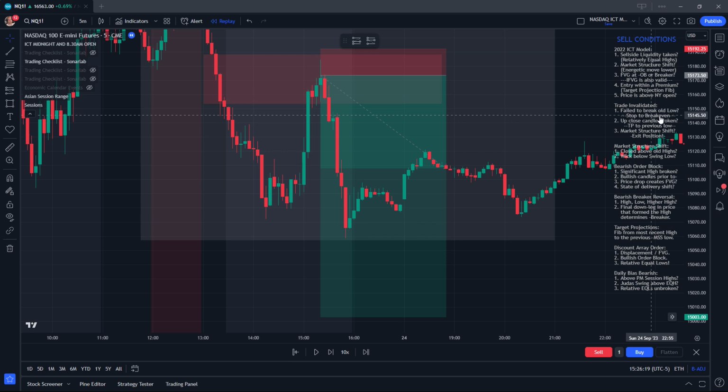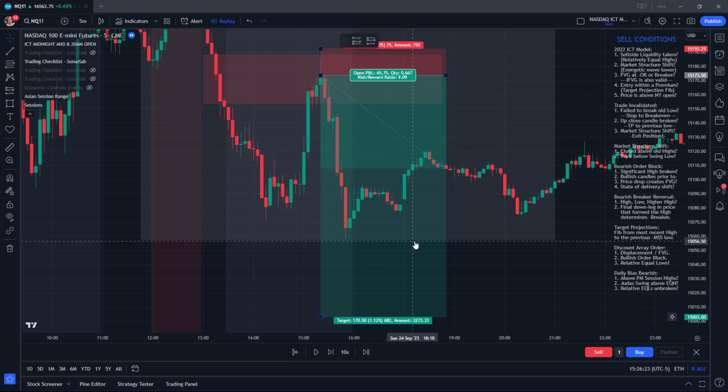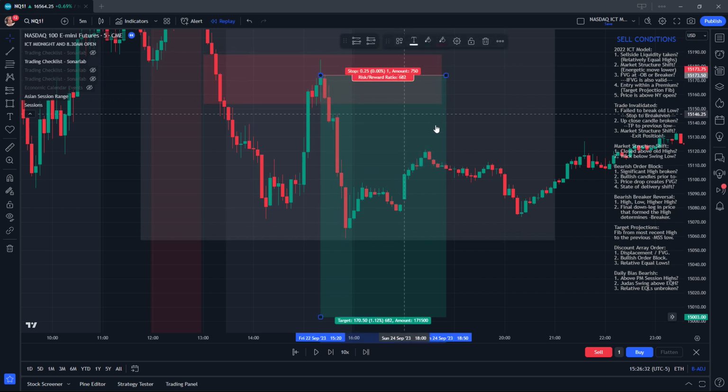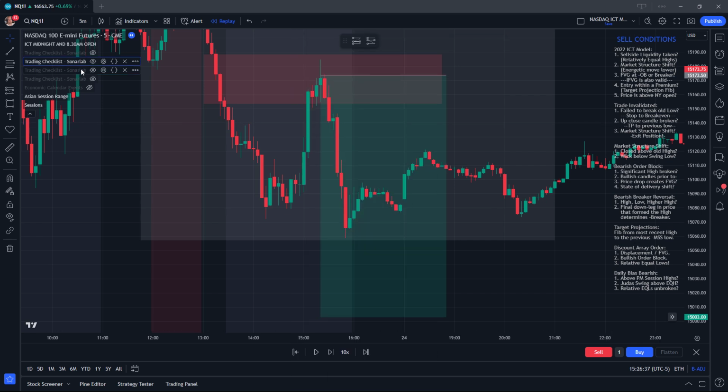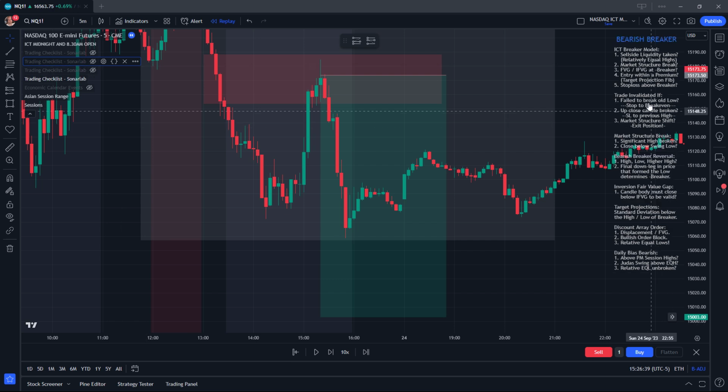Let's see if our failed to invalidate statements get us out of this trade before we take a loss. We break an old low here, then we get a swing low that fails to break a low. That'll be the stop loss to break even. I'm still just updating this.